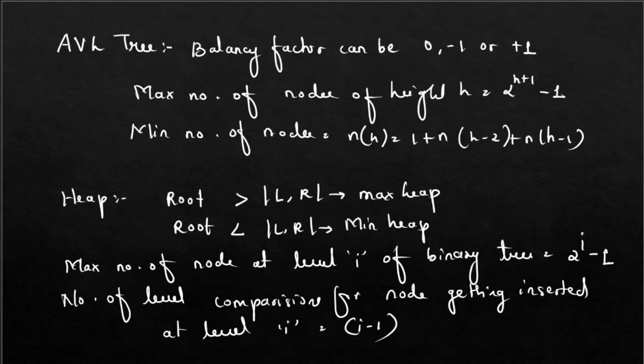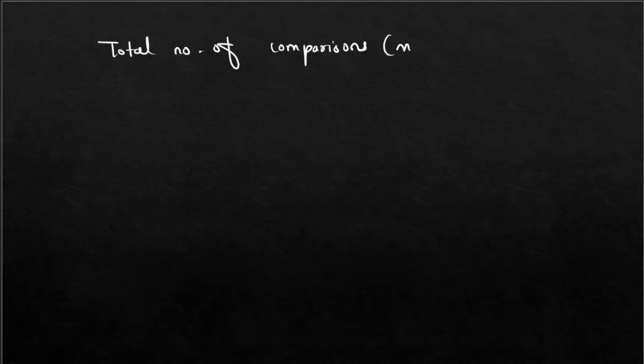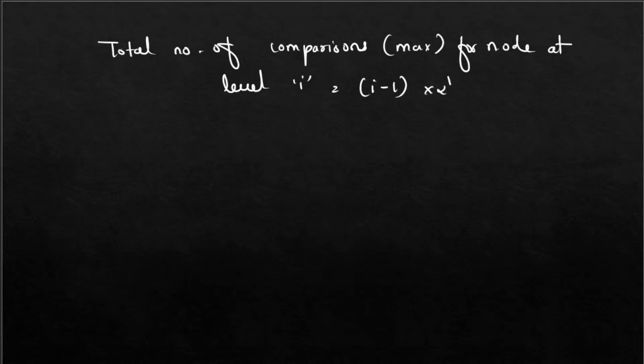Now the total number of comparisons for the maximum nodes at level i is (i minus 1) into 2^(i-1), right?